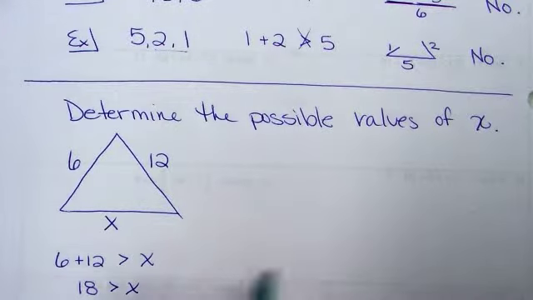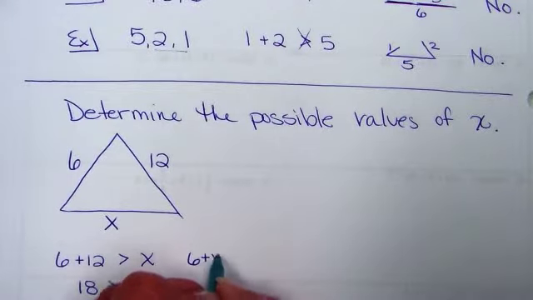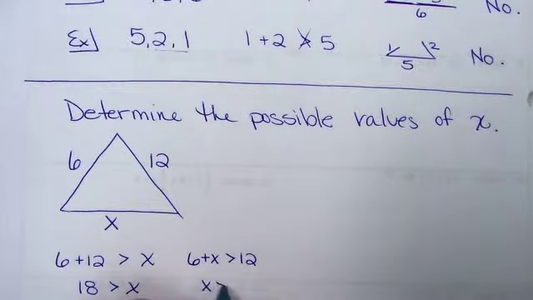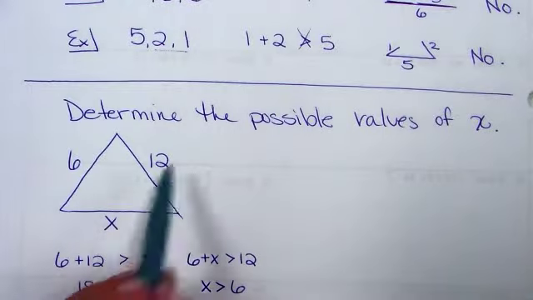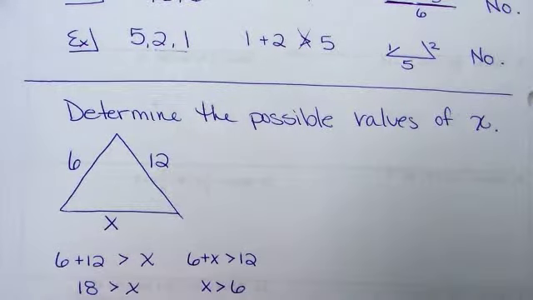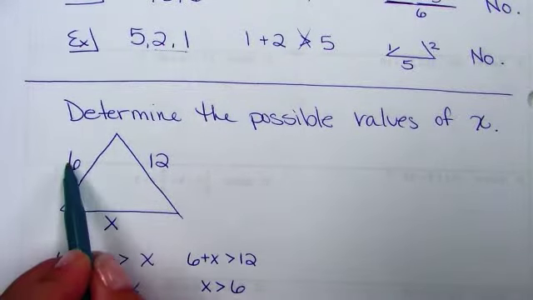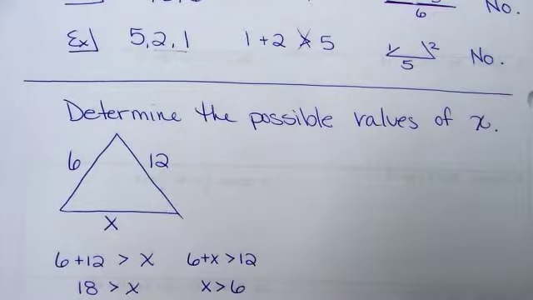But I also know that 6 plus x has to be greater than 12, or x has to be greater than 6. And looking at this set, I know that 12 plus x has to be greater than 6. So x has to be greater than negative 6.